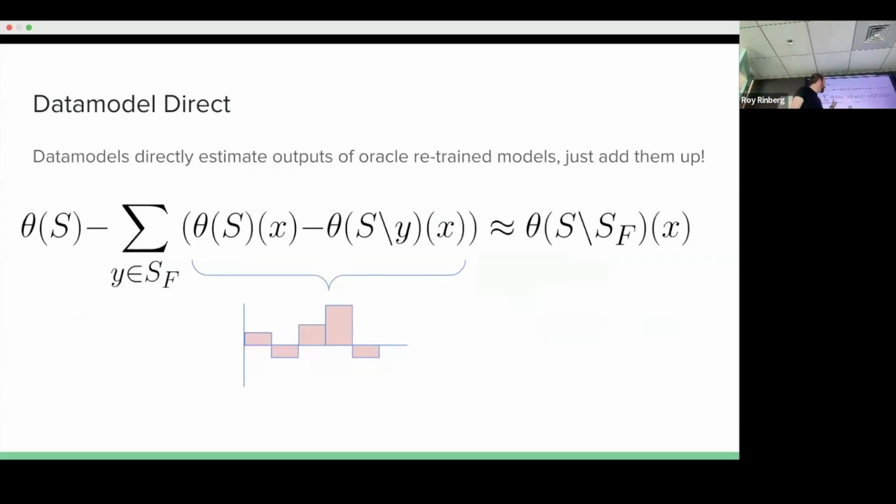You have how much Y contributed to your prediction on X. I can sum up all of these in my forget set, and then I have a reasonable approximation of what my data set looks like. Literally just subtraction.